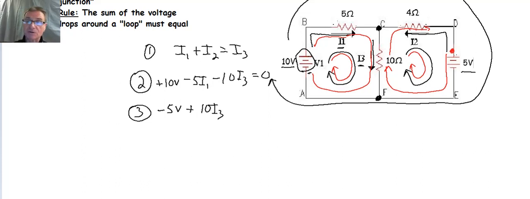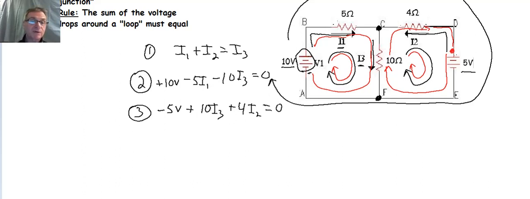So this is also going to be a voltage rise, because the current direction and my analysis direction are opposite. So this is going to be, again, plus 4 times I2. Now let's continue our travels around the loop. We get back to where we started from. We're done, and now I can set this equal to 0.